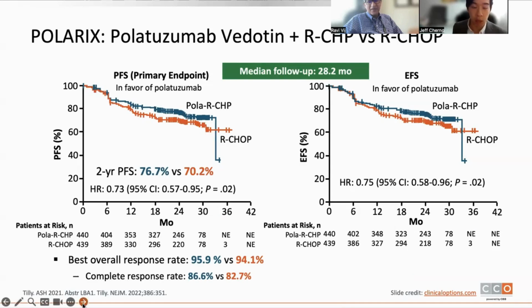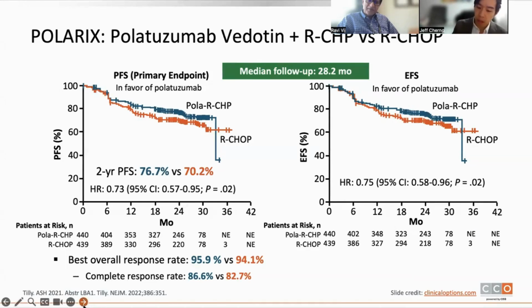This was sort of the upfront data that was presented, I believe, at the plenary session at ASH in 2021, demonstrating a modest but statistically significant improvement in 2-year progression-free survival, what looks like 6.5% from polar R-CHP over R-CHOP alone.